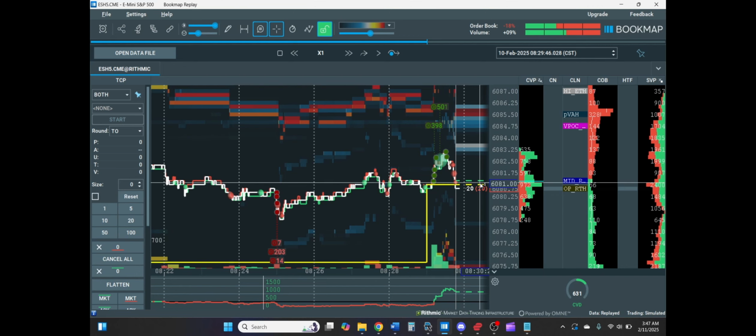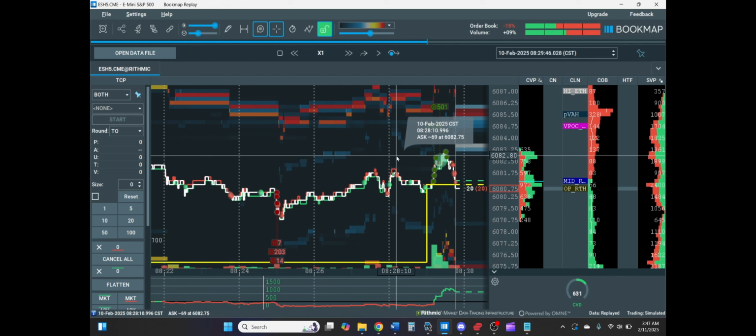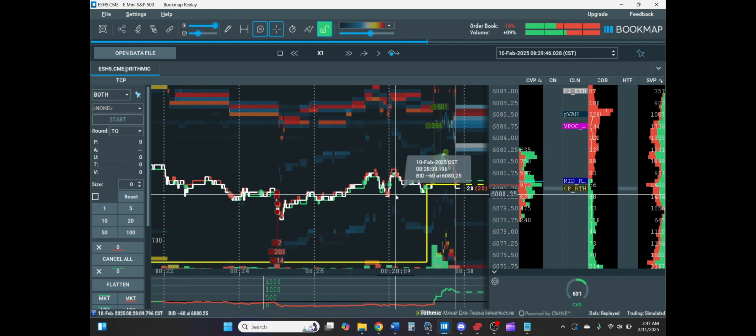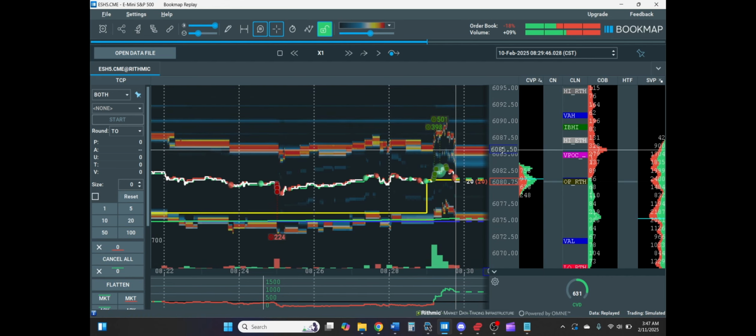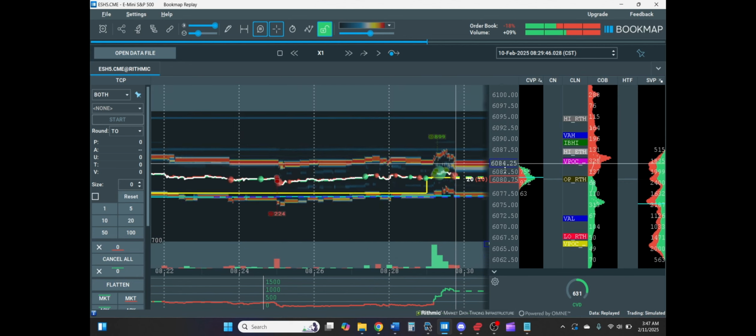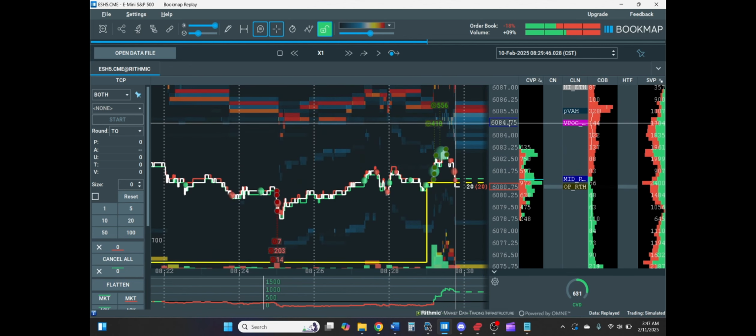That way during the day, these are the kind of targets that are also high probability: the high and low of the ETH, yesterday's low, yesterday's high. So that's what I'm looking at.